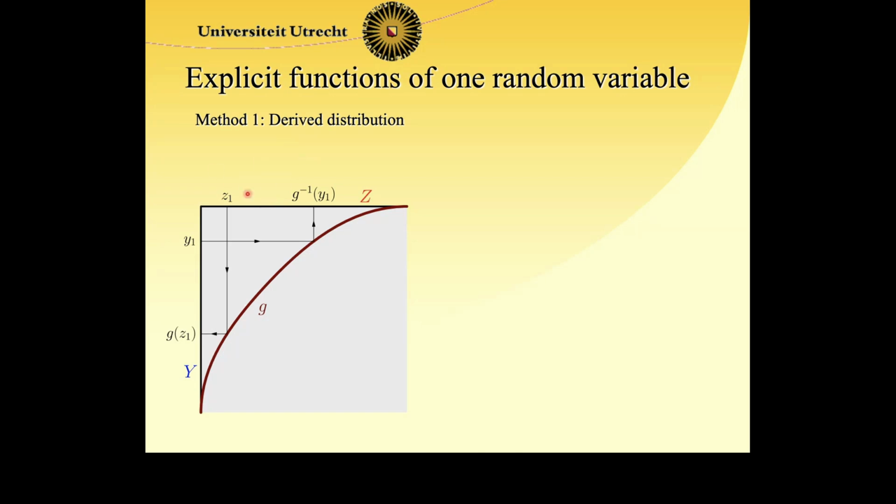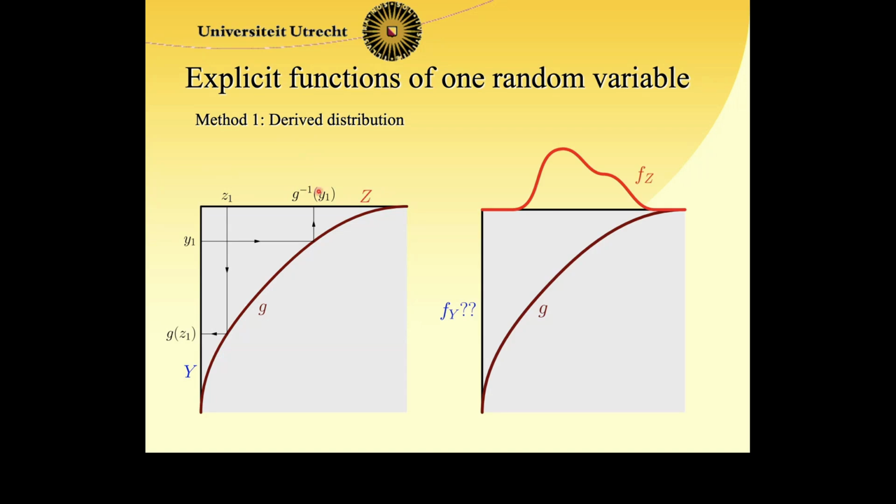So there's no change in rank order by applying this function. And if that's the case, if we know the probability density function of z, we can actually derive one-to-one, analytically at least, the probability density of y.